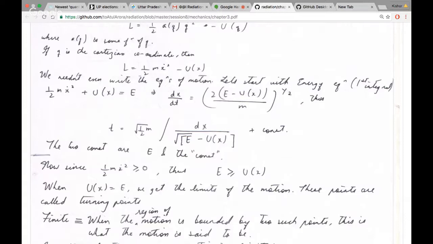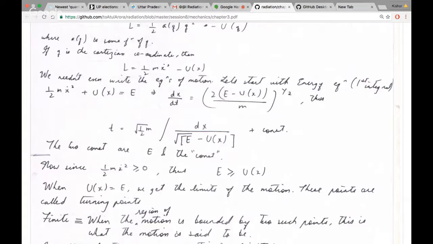Sorry, I didn't understand. Since half m x dot squared is greater than or equal to 0, this implies that E should be greater than or equal to U(x). I'm saying that this is obvious from the fact that it's under the square root. So it's the same thing. Under the root means that you have a square term. Yes, the same argument. So from the square we got the square root.